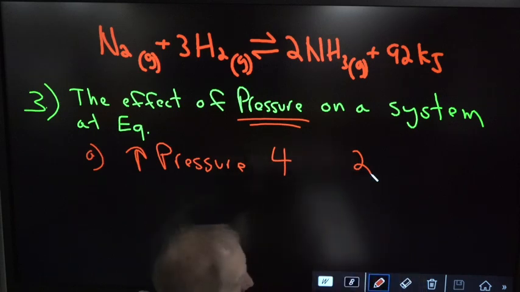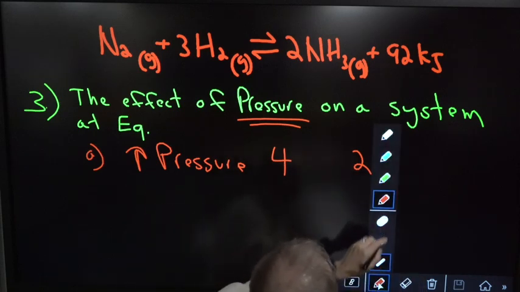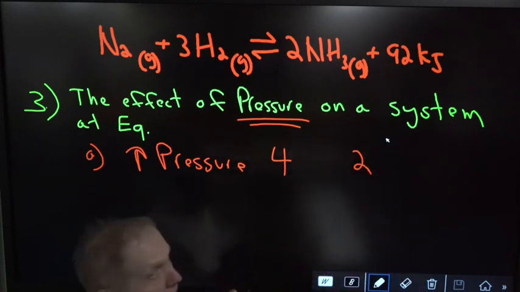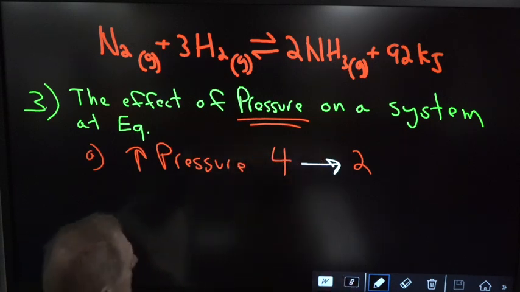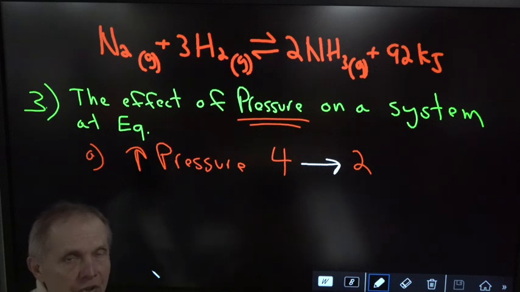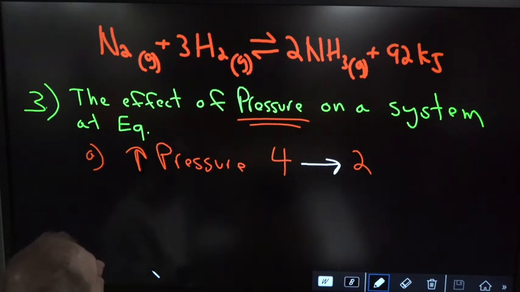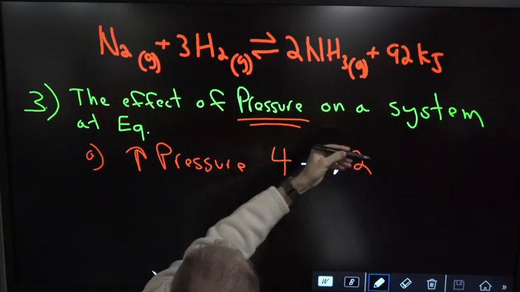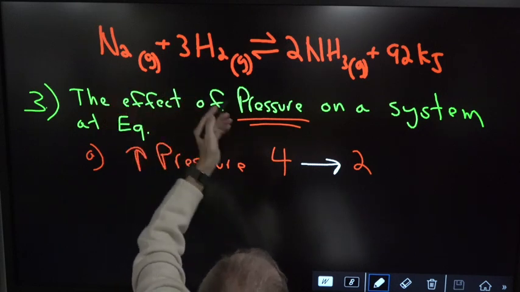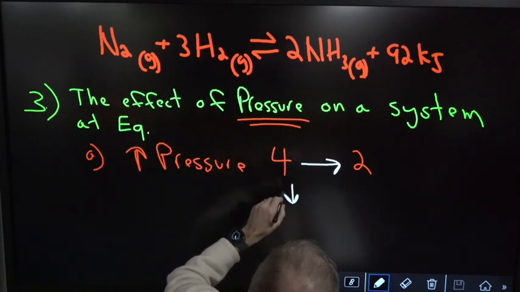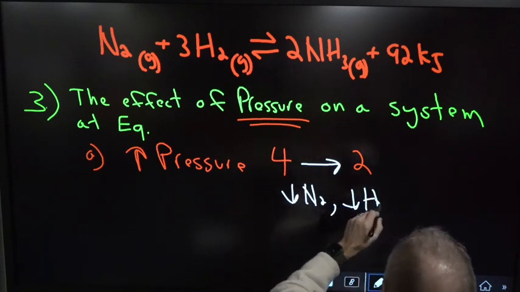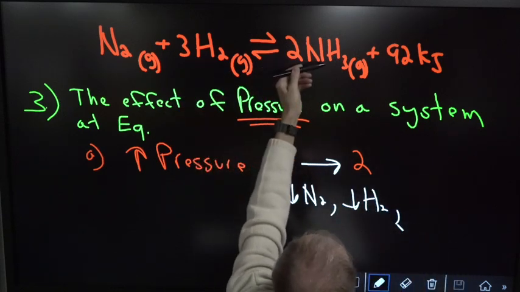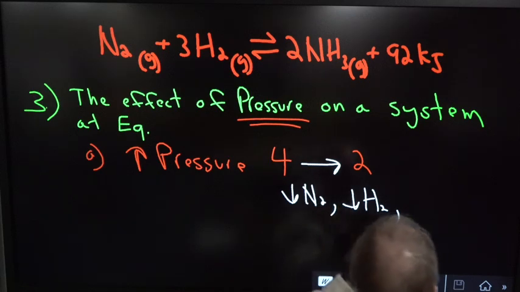If I'm going to increase the pressure, pressure always moves from high to low, so it would go from 4 to 2. Remember, increase in pressure always goes from high to low. So if it's firing this way, we know that N2 and H2 will decrease, and we know that NH3 will increase.